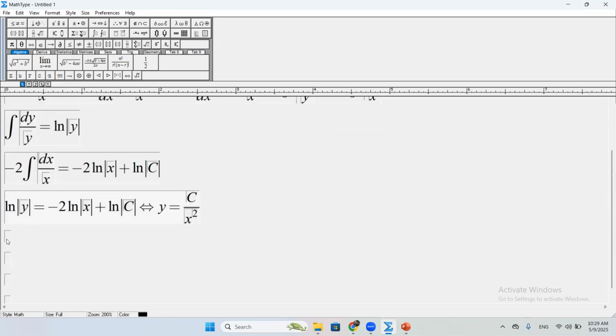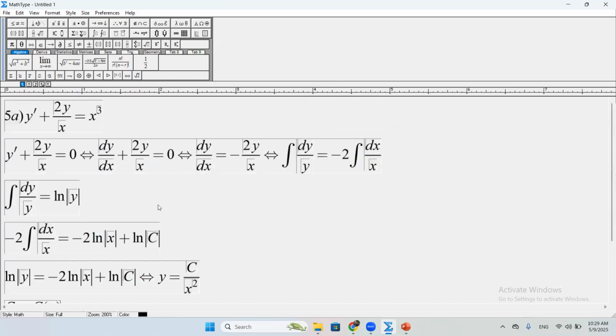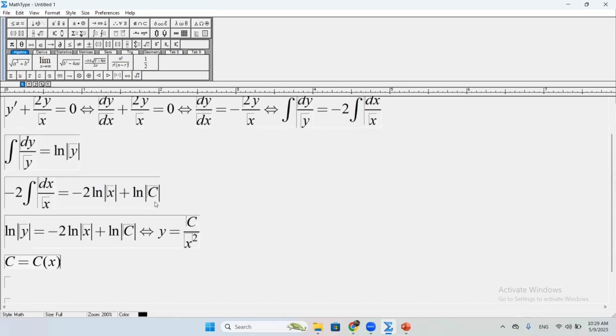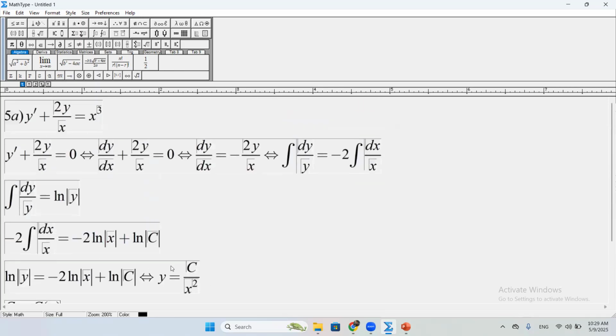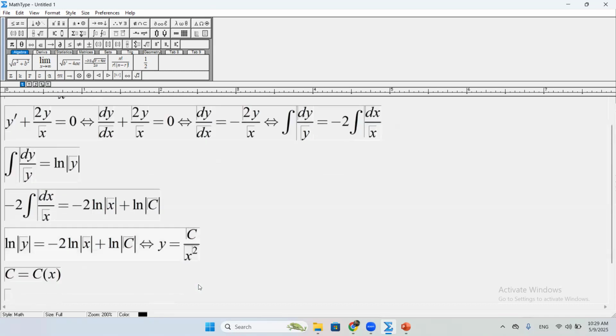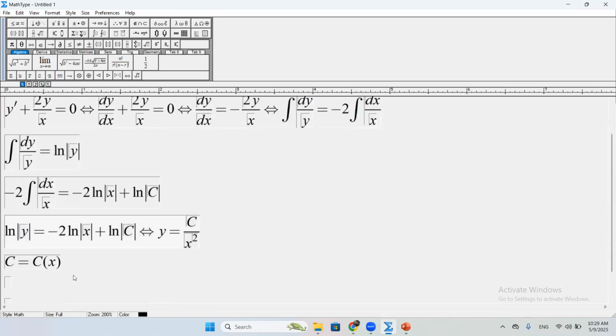Then we will assign c as a function that depends on x. And after that, we will have to substitute this expression into the initial equation. So what do we actually have?